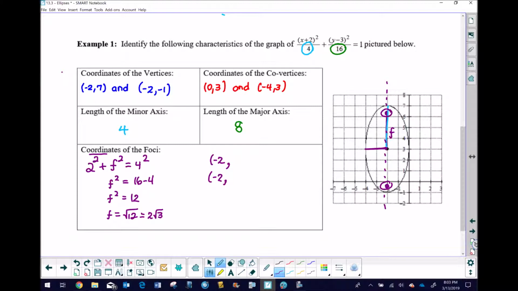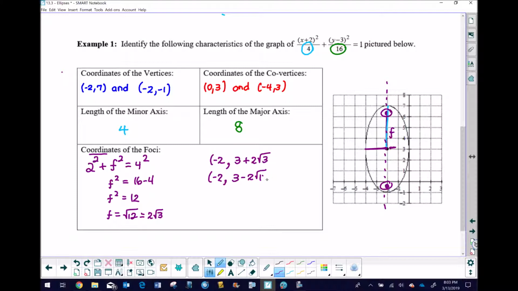And if we just simply take this idea that the center is where we're going to start, which is +3, we just simply need to add the 2 square root of 3 to get the foci that's above, and then we'll subtract 2 square root of, that should be square root of 3, I apologize.